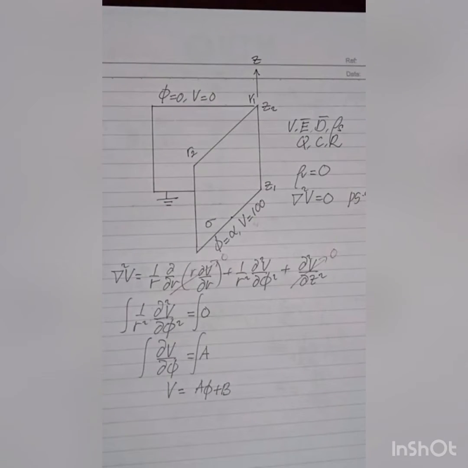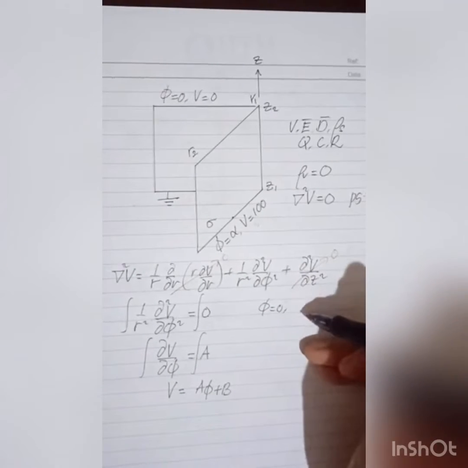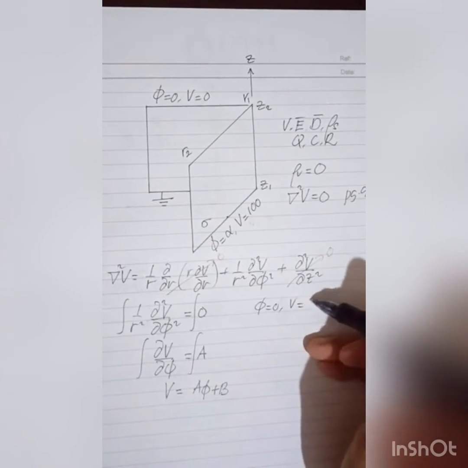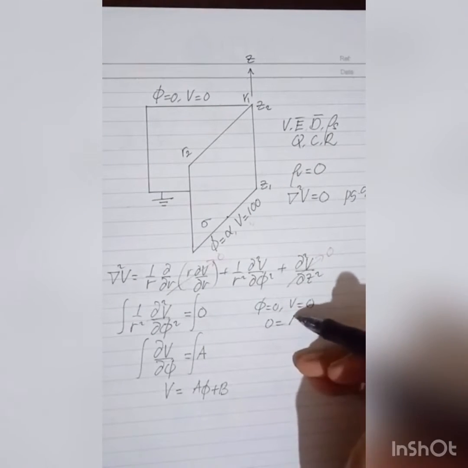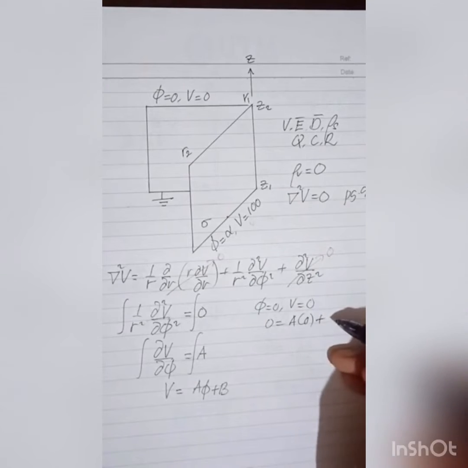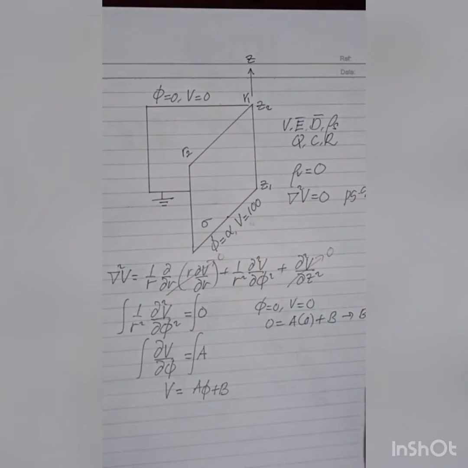Let's substitute the conditions. At phi equal to 0, the potential is 0. So we put the value here, we have A times 0 plus B, so we know that B is equal to 0.